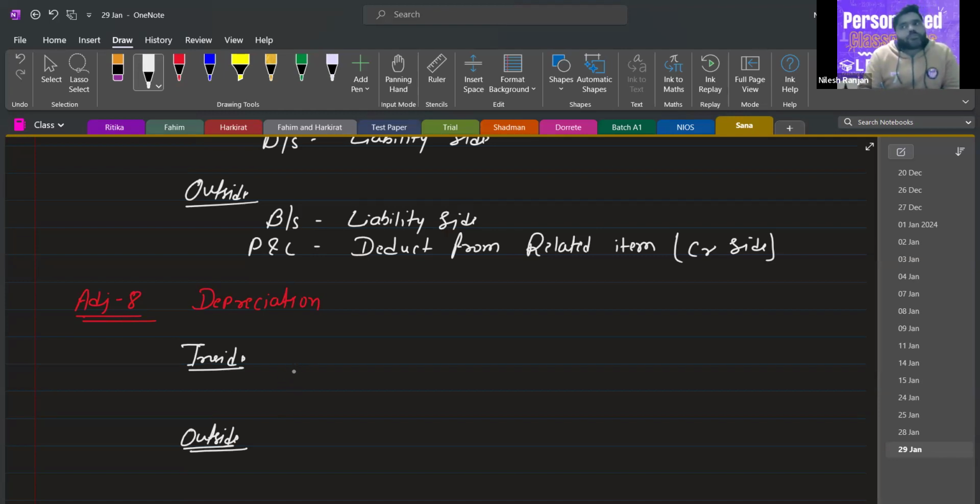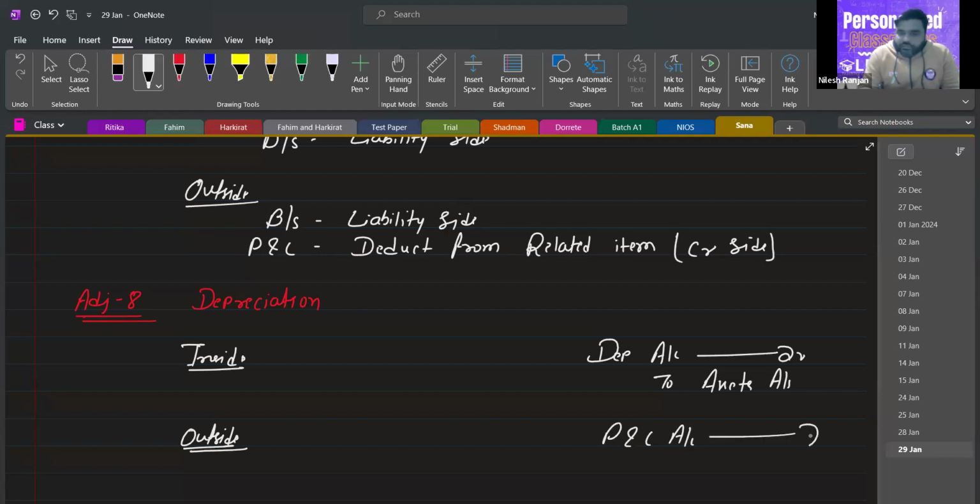Now, the entry for depreciation, if you remember, is depreciation account debit to assets account. And the second entry is profit and loss account debit to depreciation.